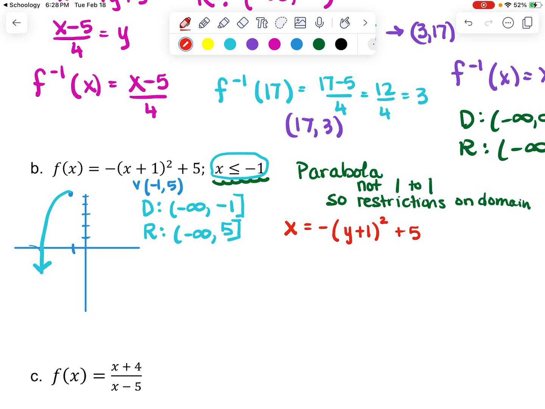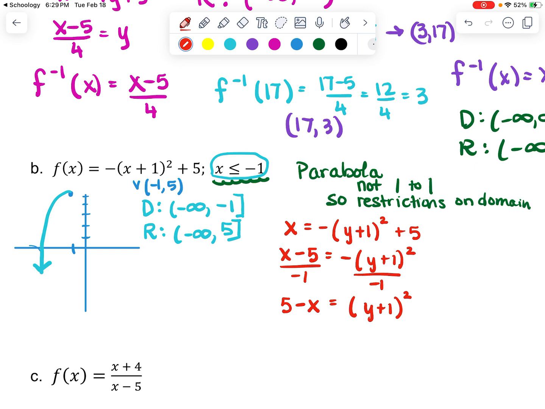First thing, I'm going to move that 5 over, and I'm left with negative (y plus 1) quantity squared. Now if I divide everything by a negative, that's going to give me negative x plus 5 over here. So dividing everything by negative 1, this becomes 5 minus x is equal to (y plus 1) quantity squared.